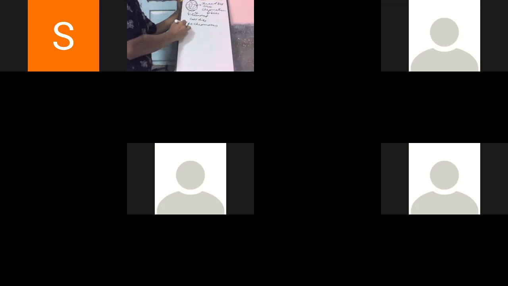These chromosomes have a special unit on them. These are genes. These genes are responsible for heredity. They carry characters from one generation to another generation.